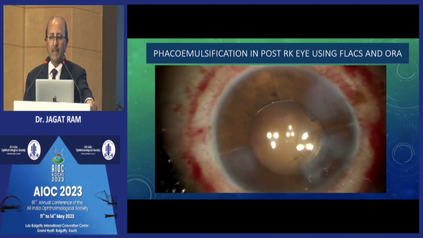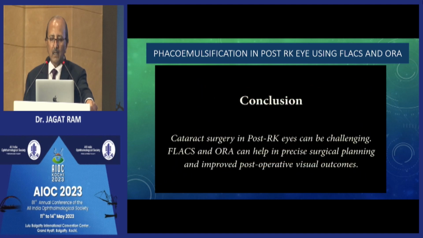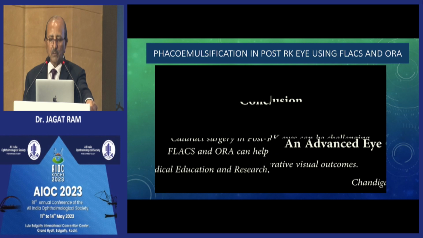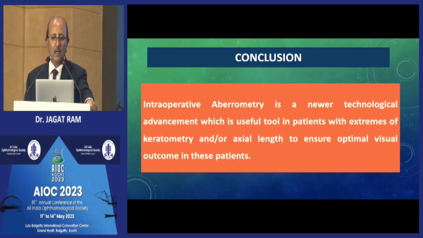These are the RK patients who have, most of the time, post-operative residual hypermetropia. So that has to be corrected, or it appears to be a little more accurate compared to other formulas.